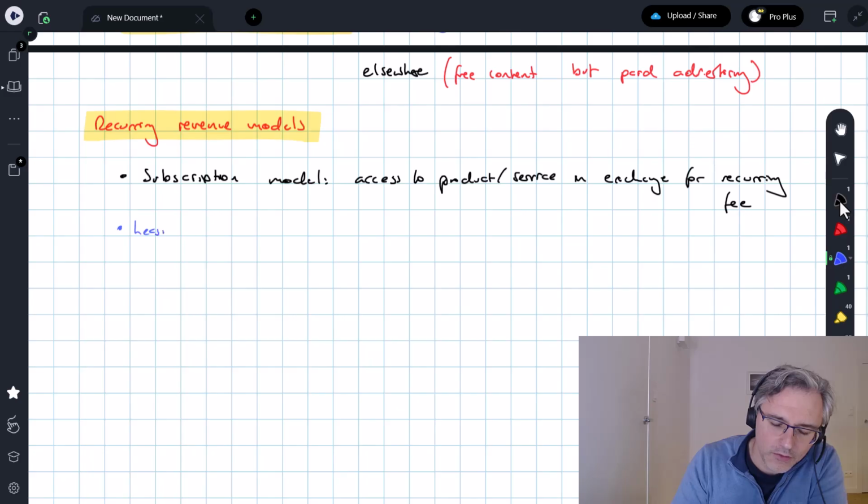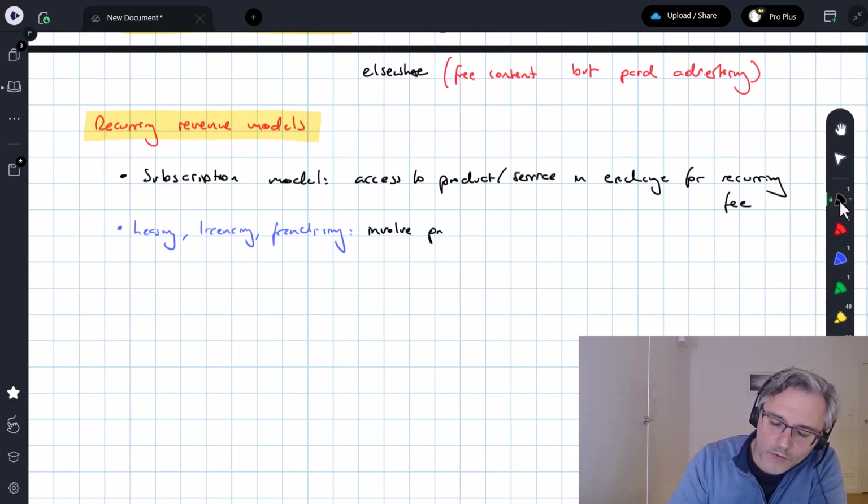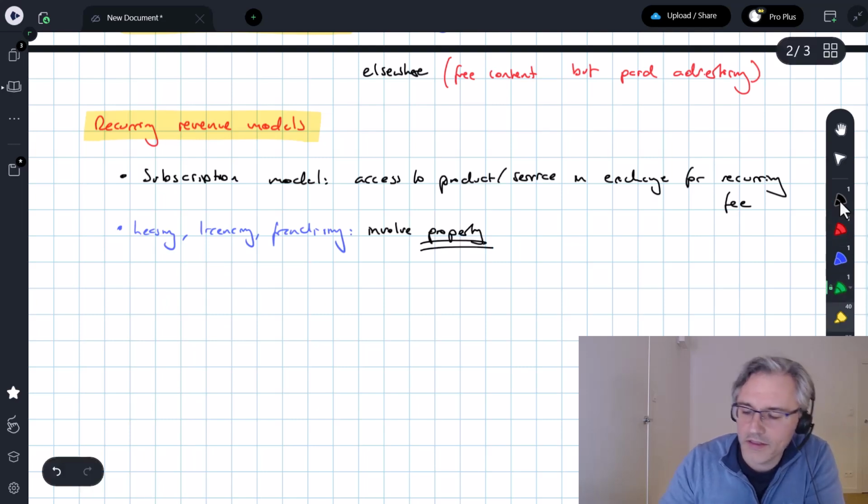And then you've got the more classic leasing, licensing, or franchising models. These involve some form of property, but property here doesn't just mean real estate, it means generally physical assets.